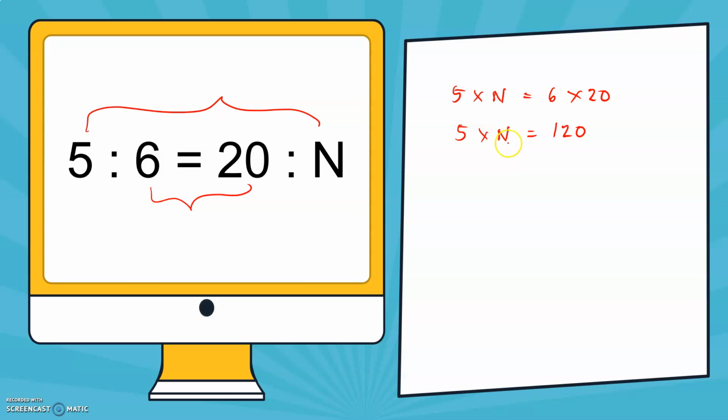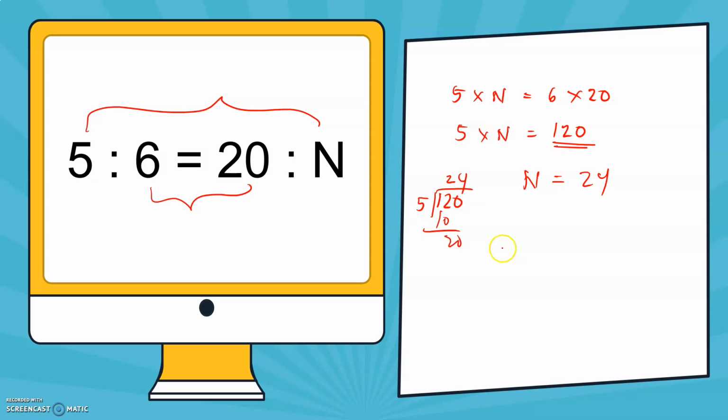So we will look for a number that when multiplied by 5 will give us 120. And for us to do that, we will simply divide 120 by 5. This is the product, so it should be our dividend. So 120 divided by 5 will give us 24. So the value of n is 24.